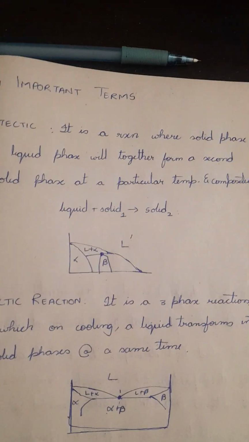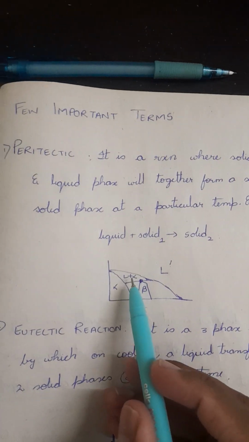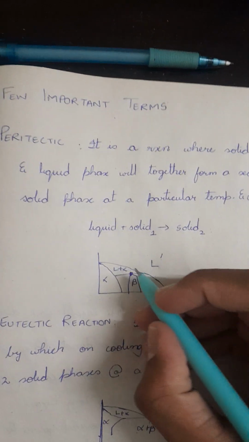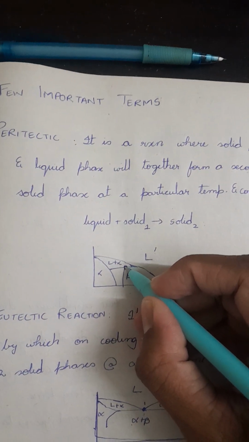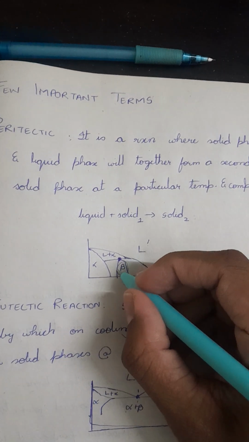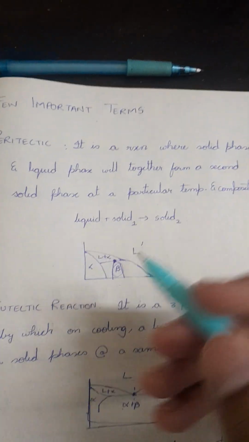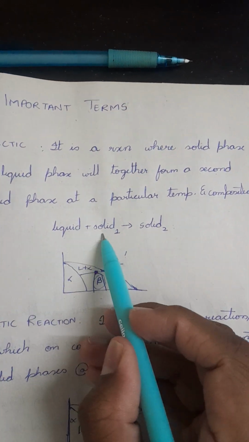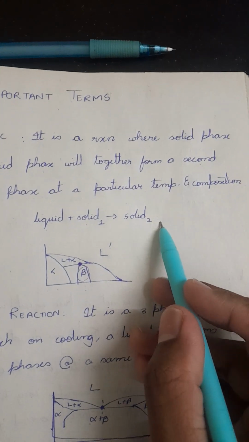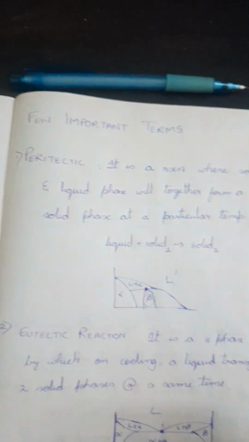If you see this figure, we have a combination of a liquid and a solid phase, and at this point, at a particular composition and temperature, we get a new kind of solid solely existing. Whenever a liquid and a solid phase form another, completely different and independent solid phase, we call it a peritectic reaction.